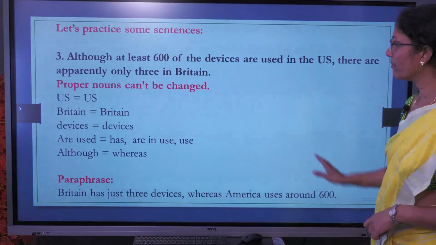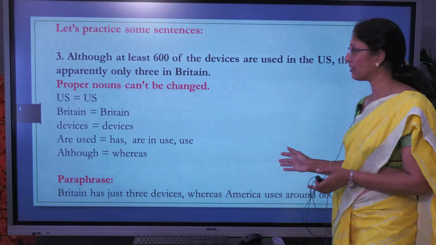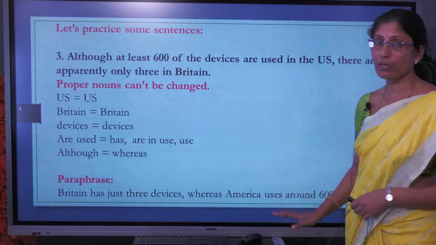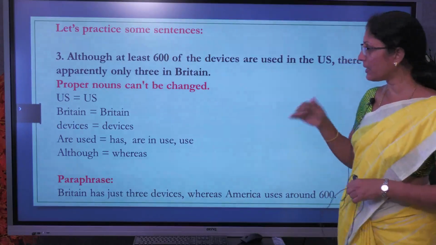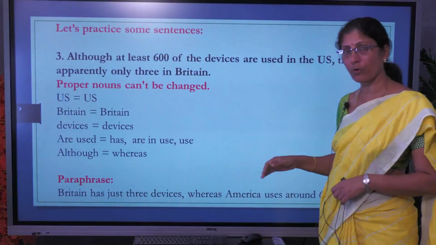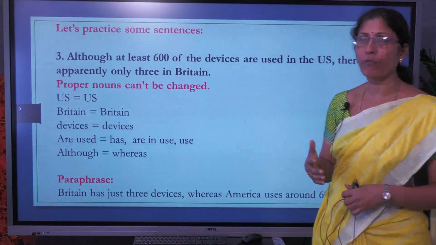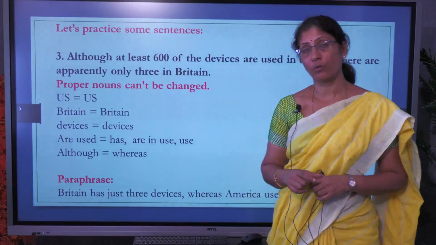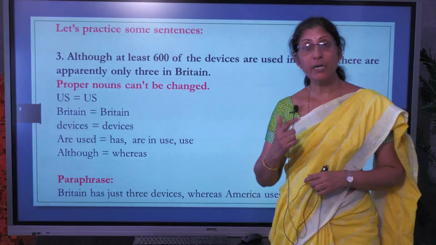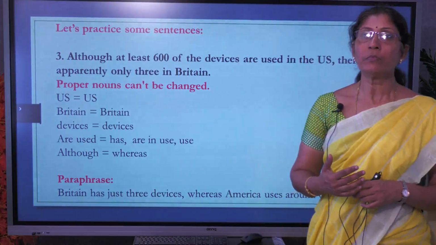So here we reduced the length of the sentence, but the idea is not changed. Here you have seen only how a sentence can be paraphrased. If it is a paragraph, you have to identify what the paragraph is about. First of all, identify the subject, that means who or what the paragraph is talking about.